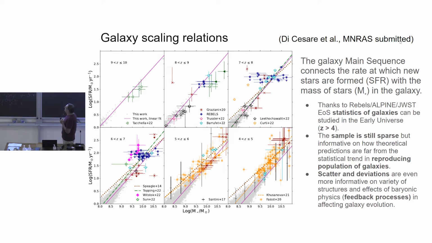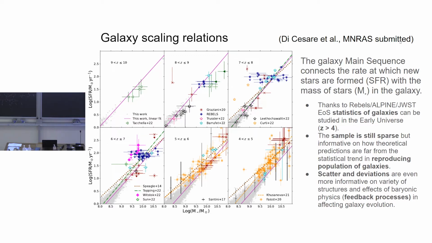But what is exciting here is that the white stars, the violet and the cyan stars, are points from the JWST early science observation. So JWST galaxies look quite well distributed across our main sequence.